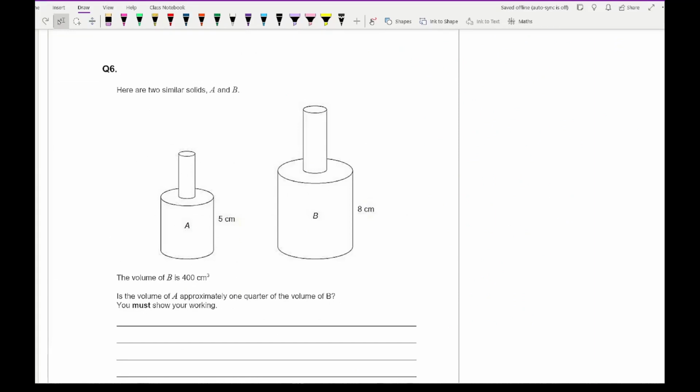Then moving on to question 6, it says here are two similar solids A and B. The volume of B is 400. Is the volume of A approximately 1/4 the volume of B? So for this, what we need to do first is work out the volume of A. So looking at this, we know that the length scale factor is going to be 8/5.